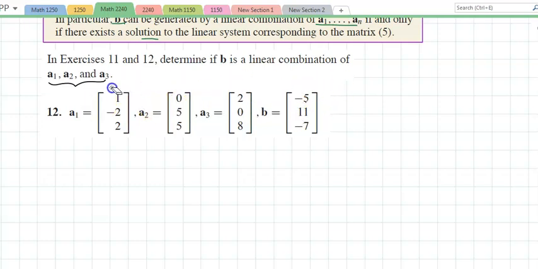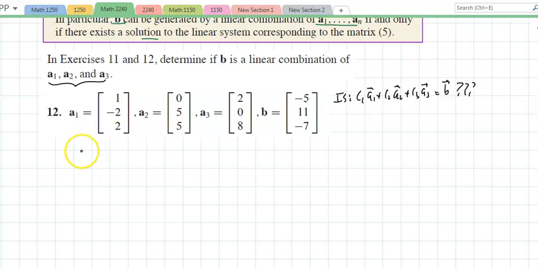To really make this simple, so this is what they're asking. They're asking, is C1 times A1 plus C2 times A2 plus C3 times A3 equal to B? That's what they're asking.